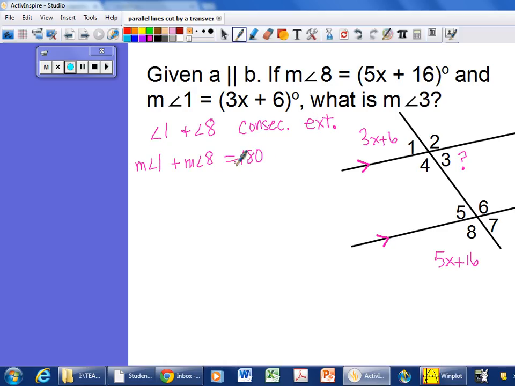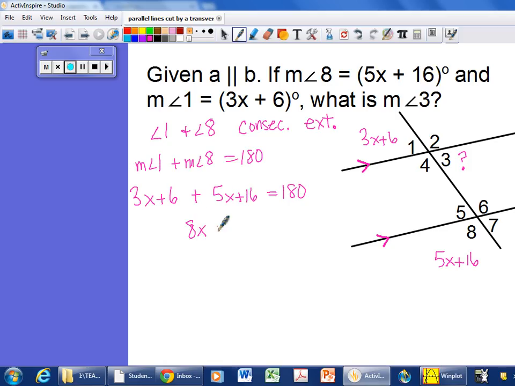Okay, so we write down their relationship, and now we can do our substitution so we can create an algebraic equation. 3x plus 6 plus 5x plus 16 has to add together to give you 180. Okay, so we name them, we figure out their relationship, and then we substitute so that we can make some algebra and solve this for x.